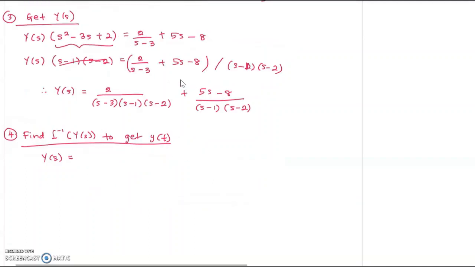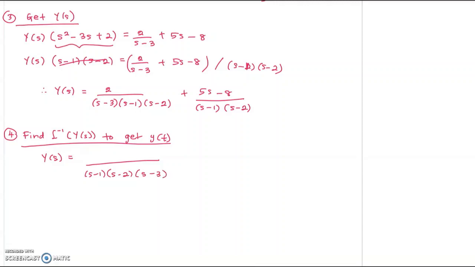Okay, lastly, step number 4, find the inverse of Ys to get your yt. First of all, we try to simplify our Ys, because if we normalize the denominator, we are going to have s minus 1, s minus 2, s minus 3.